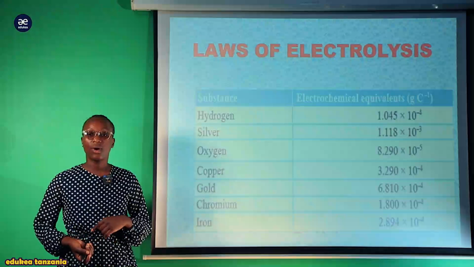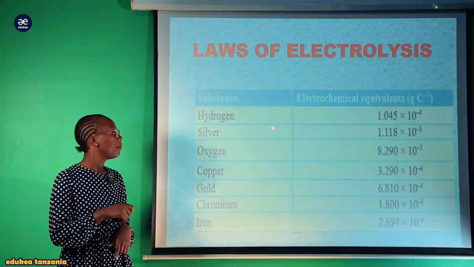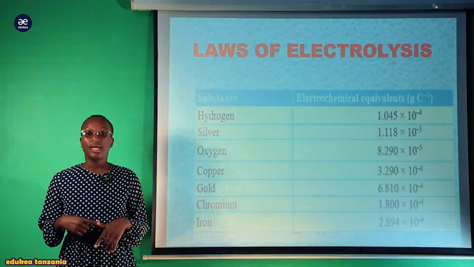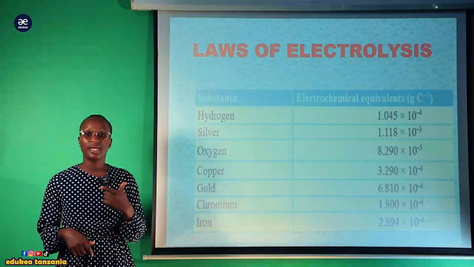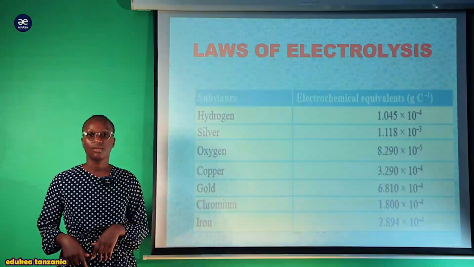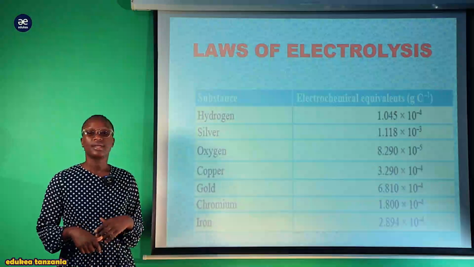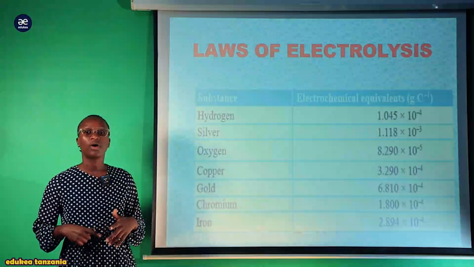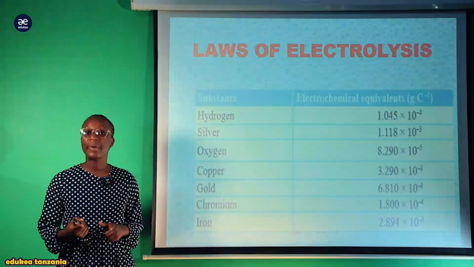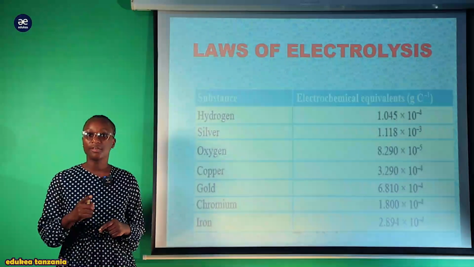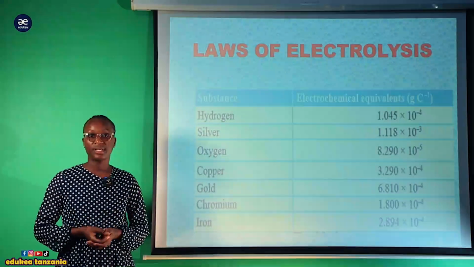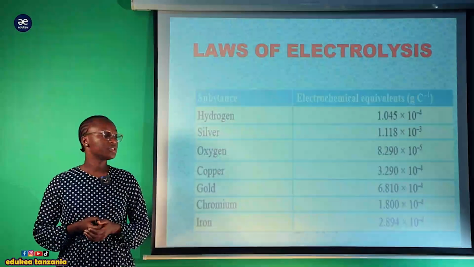Sometime katika wakati unafanya mitihani yako uko umekutana na hizi, it is easy for you to master them, and sometime uko kwenye mitihani yako unakuwa provided with this data, unakuwa unapewa hizi data kwamba okay, electrochemical equivalent ya copper ni 3.29 times 10 power negative 4 gram per coulombs, unakuwa unapewa tayari. So don't get confused my students.